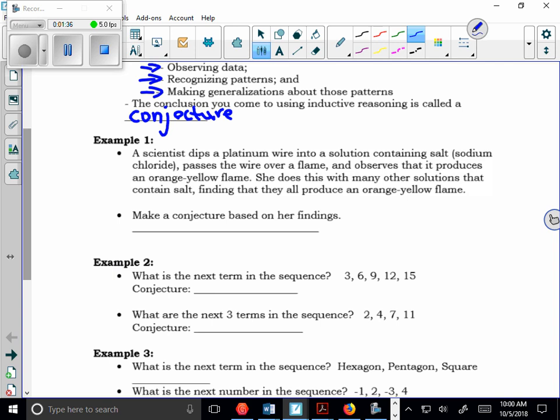Every time she has a solution with salt in it and passes it over a flame, it produces an orange-yellow flame. So a conjecture I can make based on the observations is that salt produces an orange-yellow flame. Now obviously this isn't very mathy, but it's getting us in the mindset of what it means to use inductive reasoning to make a conjecture.